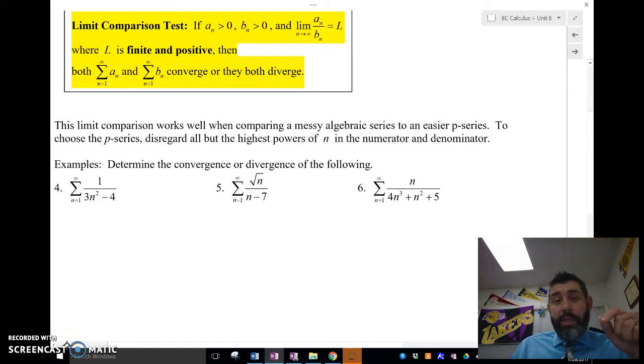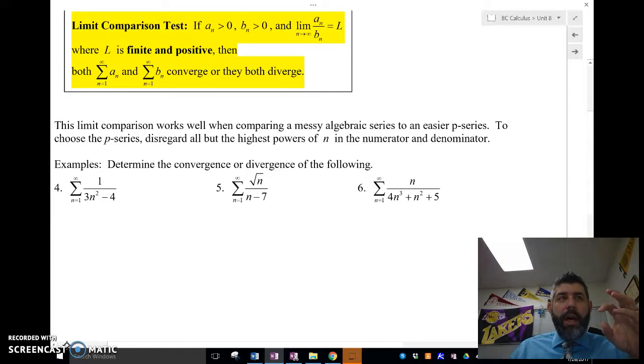The limit comparison test is just like the comparison test, only we have to take a limit. It's useful when we're dealing with messy algebraic series, but we want to compare it to an easier p-series.